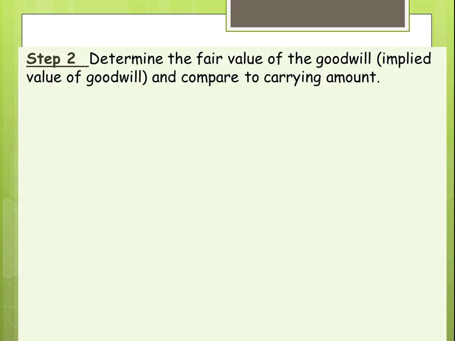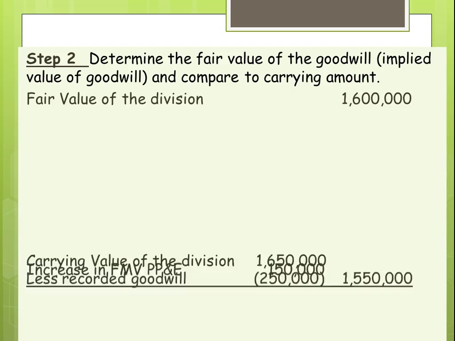Step two, we're going to determine the fair value of the goodwill or implied goodwill and compare to carrying amount, which means we're going to look at the fair value of the assets, backing out the value that we have originally assigned to goodwill, and then come up with the implied goodwill. So we're going to take the fair value of the division.